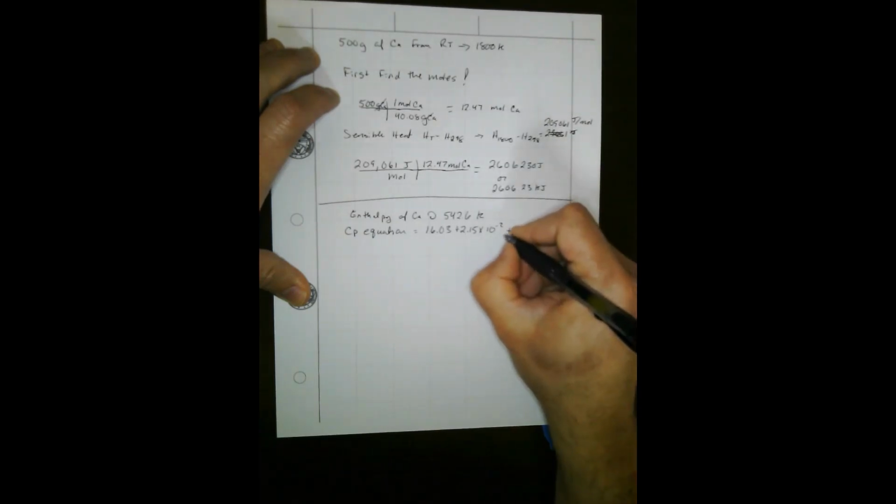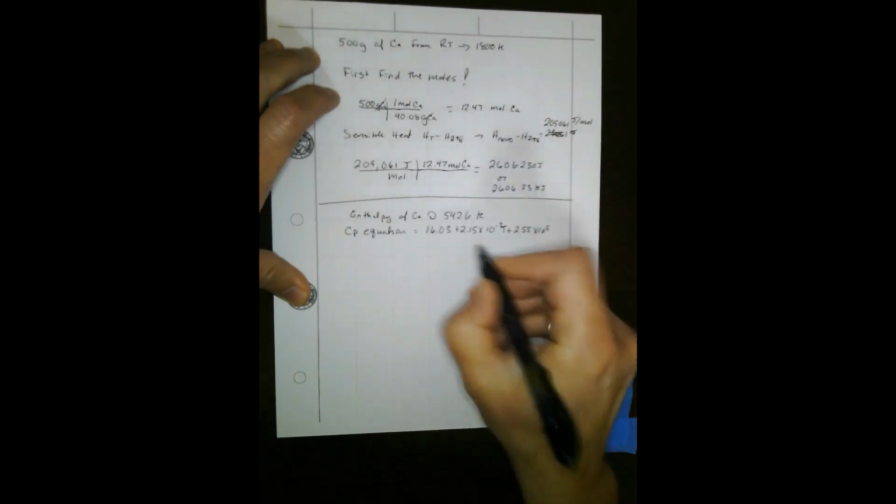I'm reading the variables, I'm sorry. This first one is 2.15 times 10 to the negative 2 T, and then 2.55 times 10 to the 5, T to the negative 2.